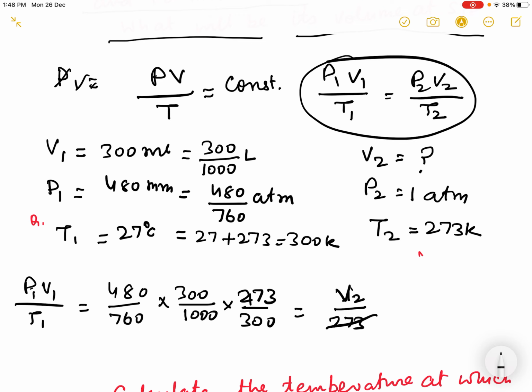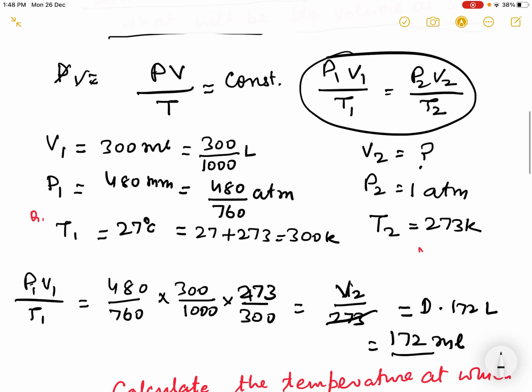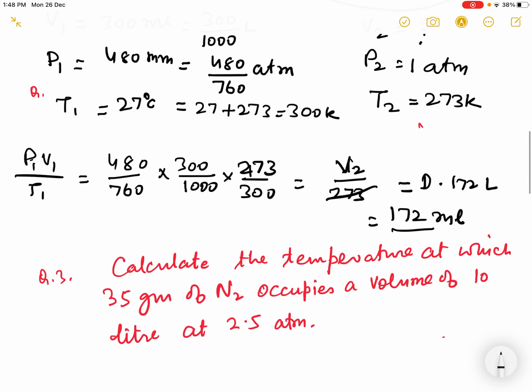If we calculate it, we get that V2 is nearly 0.172 liter. If we convert it to milliliter, it is 172 milliliter. So this is the volume of the gas at STP. So this question is done this way.